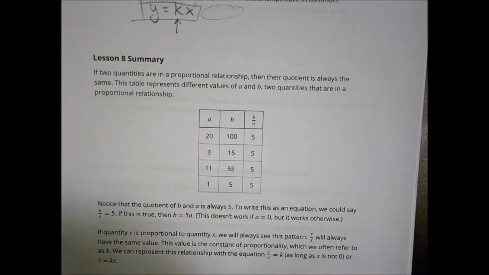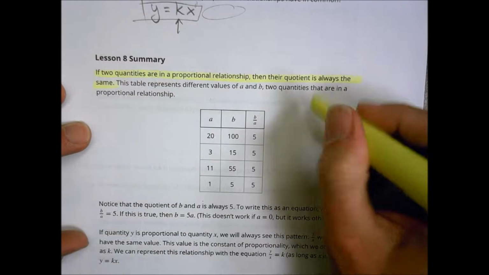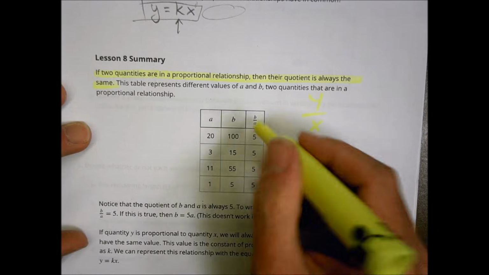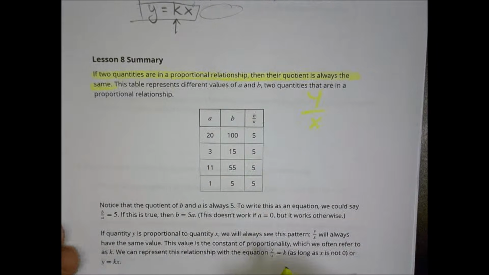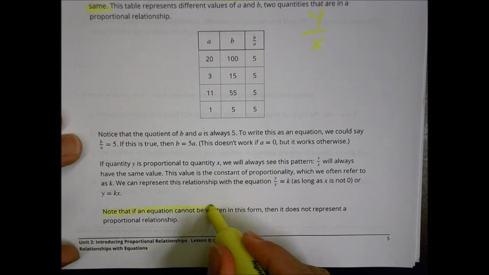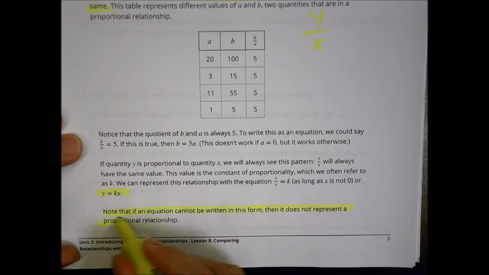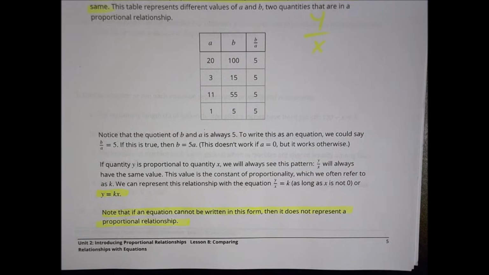All right, so if two quantities are in a proportional relationship, in summary, then their quotient is always the same, right? That's the y over x value. In this case here, they show it with a's and b's, okay? So if an equation cannot be written in the form y equals kx, it does not represent a proportional relationship. That's essential to today's lesson.